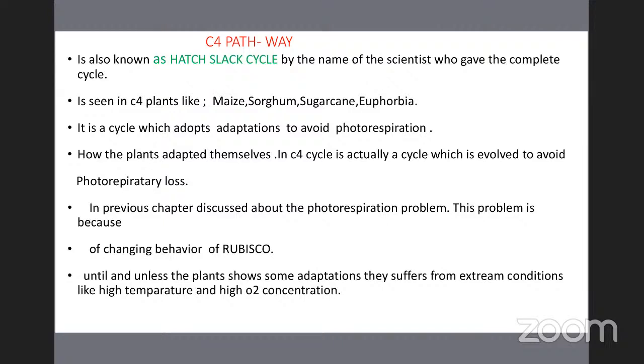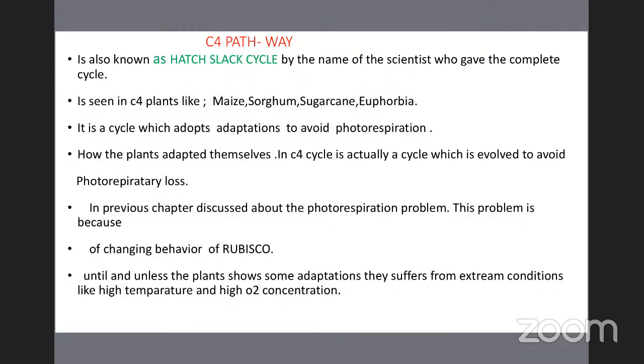Anatomically, they show some different characters. Until and unless the plant shows some adaptations, it suffers from extreme conditions like high temperature and high oxygen concentration. So we can understand that C4 plants are normal plants only, but by showing some adaptations, they escape from photorespiration.